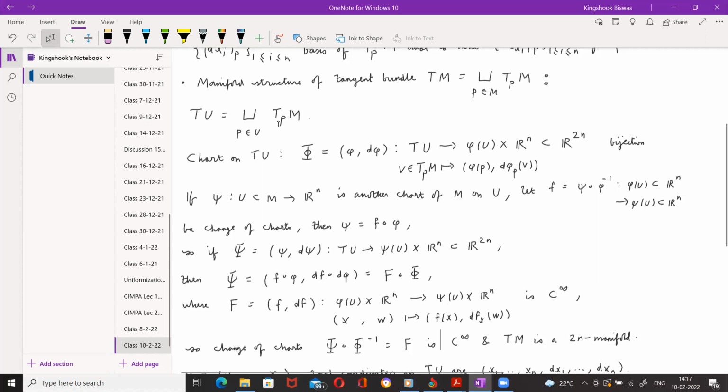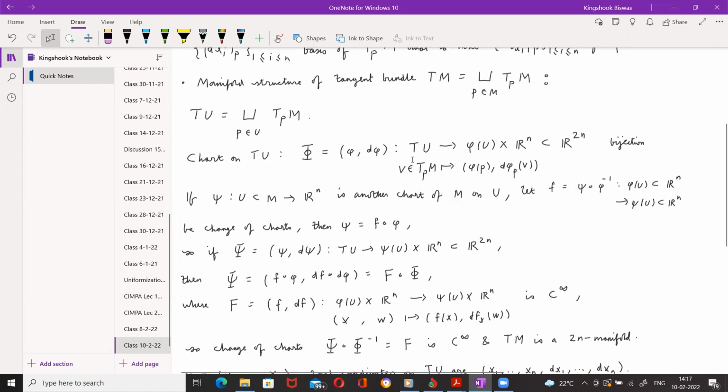Okay. So then our chart phi on M leads to a natural chart capital Phi on TU. Capital Phi will be a pair, phi comma d phi, and this will map from TU to phi of U cross Rn. So phi of U is an open subset of Rn, and cross Rn, this becomes an open subset of R2n. And what is the map capital Phi?